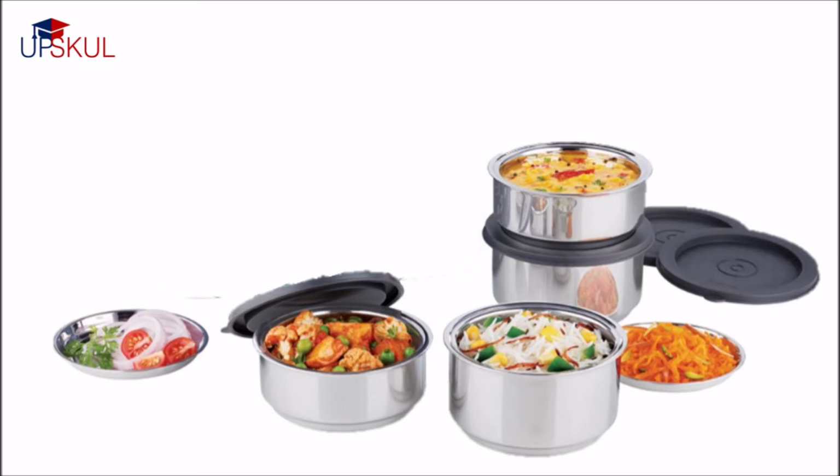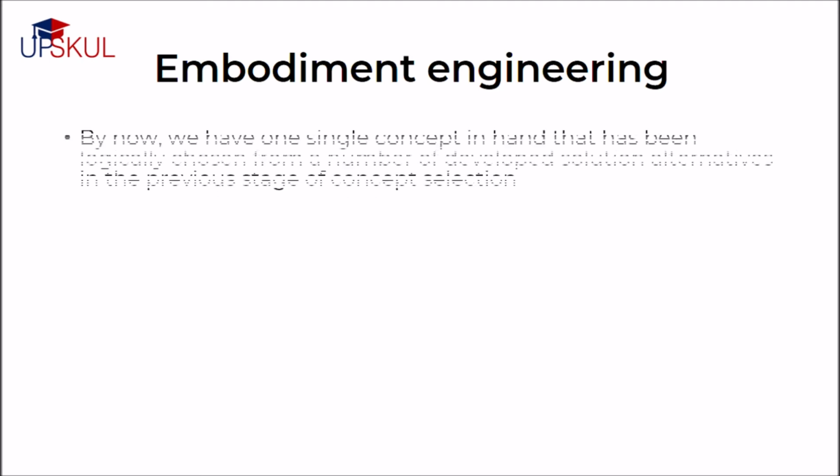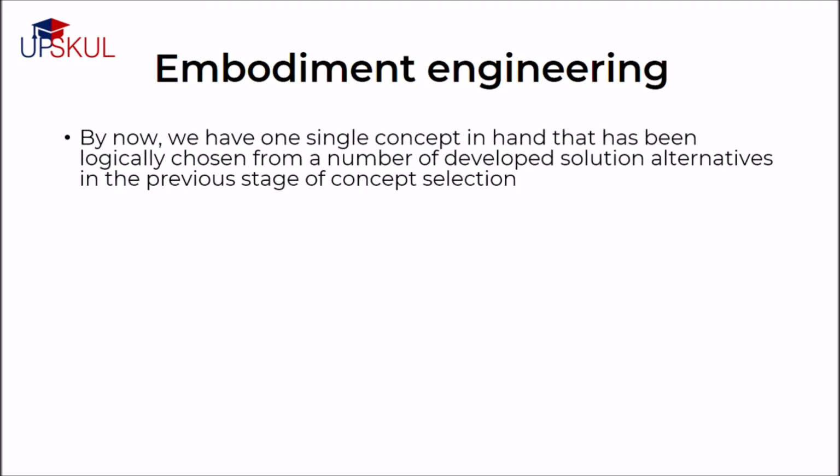For the lid, you have stretchable rubber, hard plastic top with airtight seals, and threaded metal lids. For the outer covering, you can have cloth bags like the jute, metal containers, or plastic containers. And again, the handle design can be done in various different types. So, after the second phase, you are supposed to have a single concept in hand.